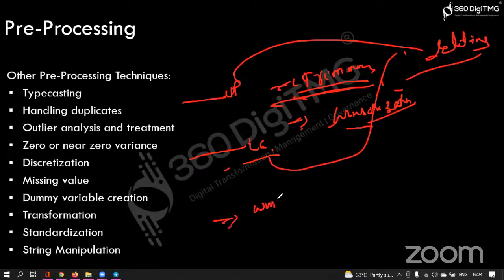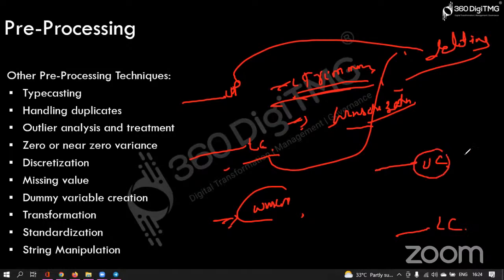When it comes to mensuration, whatever the values that we will be having beyond the upper cutoff value and beyond the lower cutoff value, we will simply be replacing with upper cutoff and the lower cutoff. Whatever the values that are beyond the upper limit value, we will be replacing with the upper cutoff value. The values beyond the lower cutoff value, will be simply replaced with the lower cutoff value.